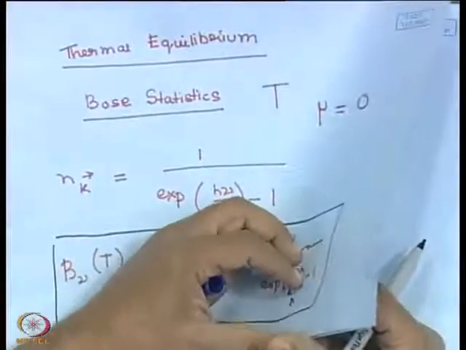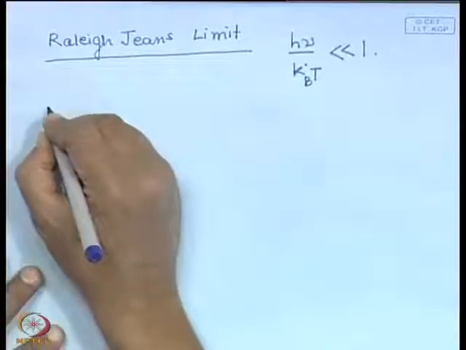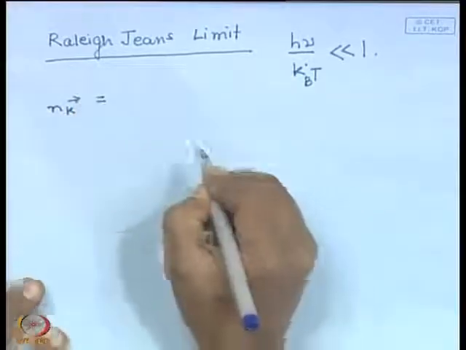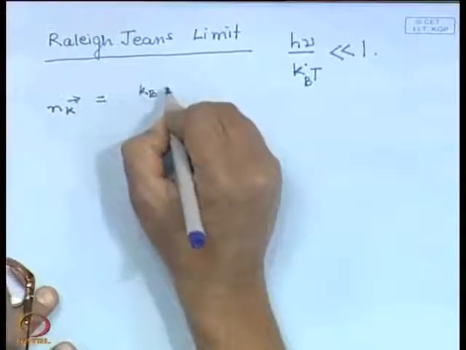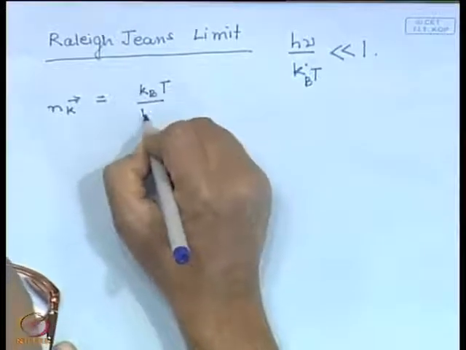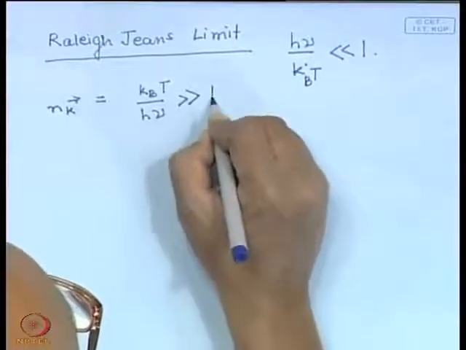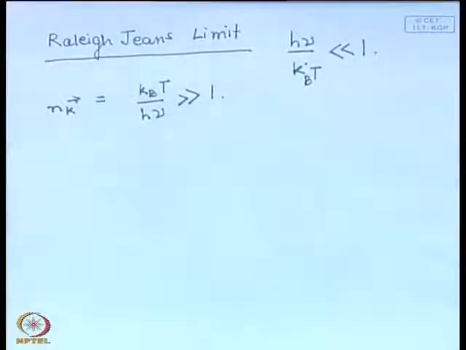So, the occupation number in this limit n k, let us just look at the occupation number, that also is interesting, is kB T by h nu, which is much greater than 1, because that is the inverse of this. So, each mode is occupied by a large number of photons, that is the limit that we are looking at. Each mode is occupied by a large number of photons, it is very densely populated.